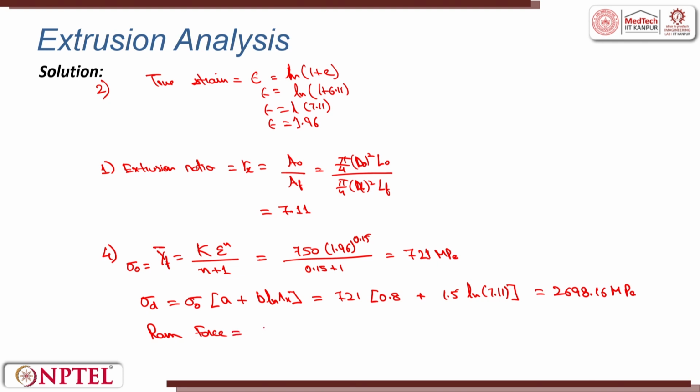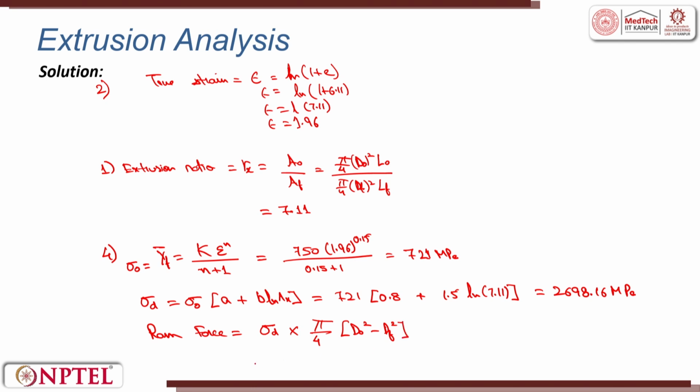Now ram force is equal to the stress or the ram pressure into the area on which this pressure is applied. Because it is a backward extrusion, I would have to put the area as pi by 4 the difference between the diameters, the initial square minus the final square.